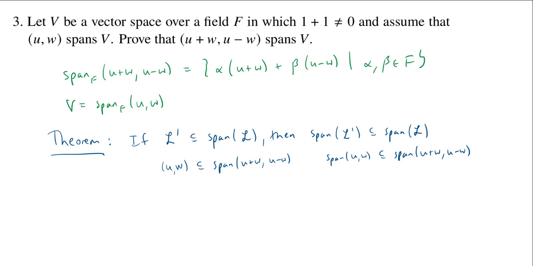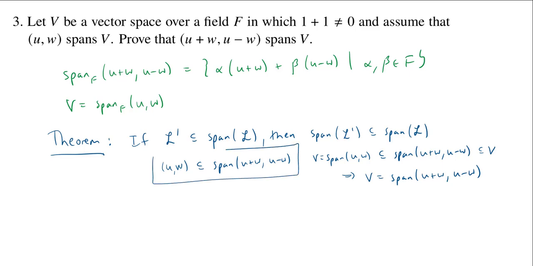But we already know that the span of u, w is equal to V. And of course, the span of anything is going to be contained in V. And so this would then imply that V is equal to all the stuff in the middle. So V in particular would equal the span of u plus w and u minus w. All right, so this is what we want to do. This step right here is all we need.